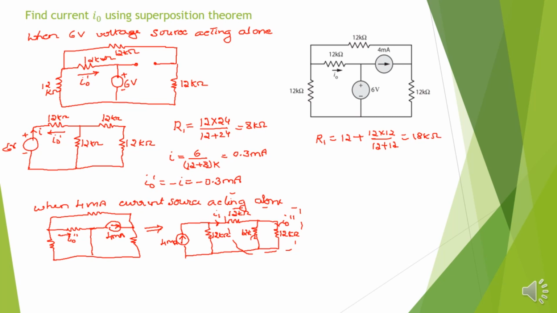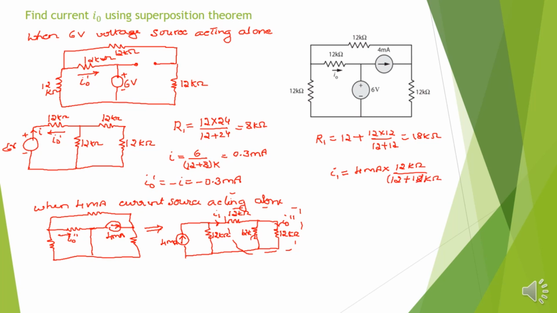Now I1 is the current flowing through 18 kilo ohm, which is connected parallel to 12 kilo ohm. So according to the branch current formula, I1 equals 4 milliamps into the resistance of the other branch 12 kilo ohm divided by 12 plus 18 kilo ohms.